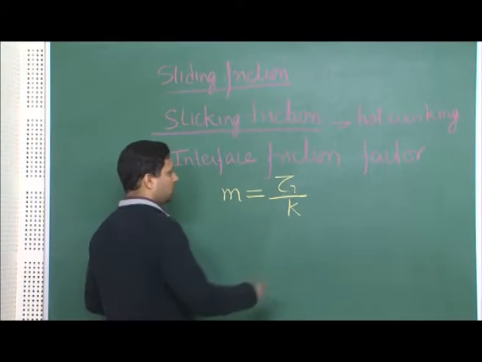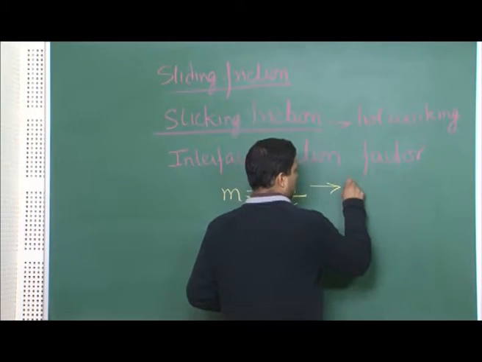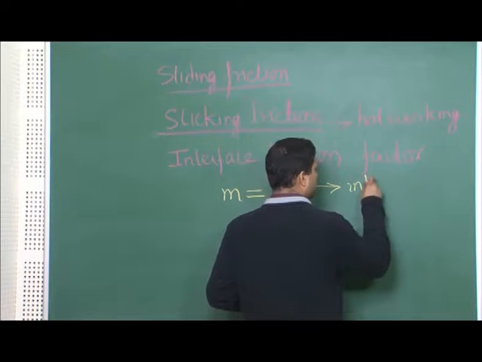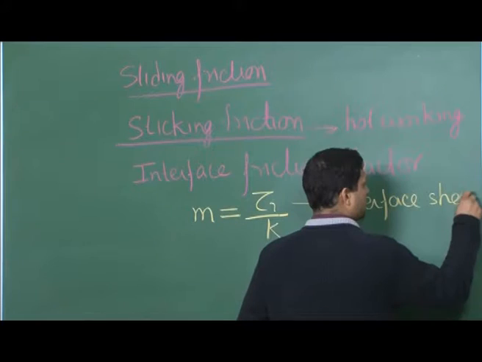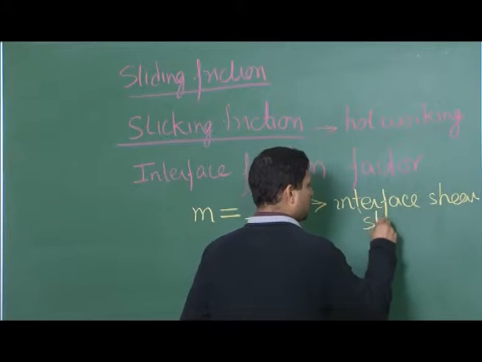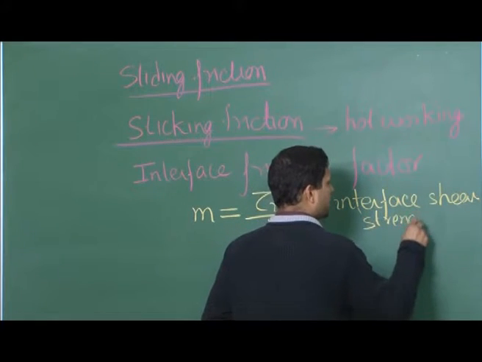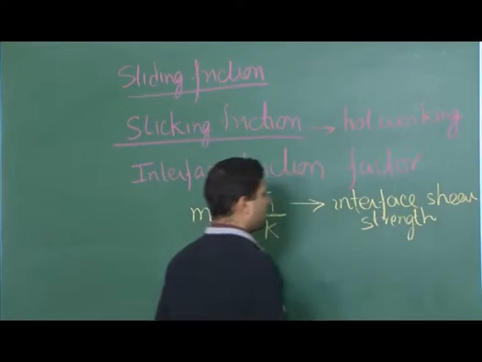What is tau I? It is the interface shear strength, or you can say the stress that exists at the interface.